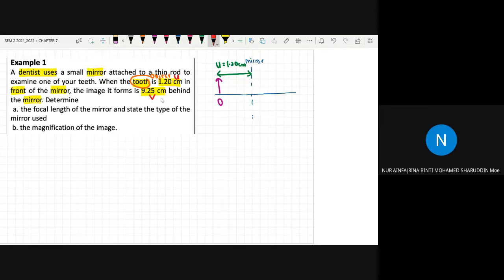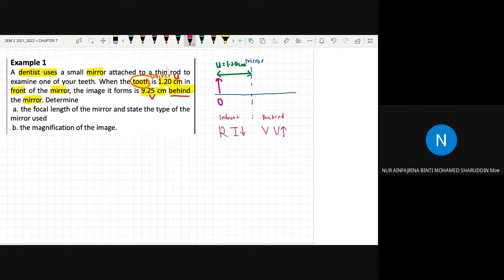So dia dah cakap dah behind mirror. Okay, ni keyword sini mesti highlight pula. So kita tahu ini in front, ini behind. So kita pakai teknik ni: real, inverted, virtual, upright. So Miss nak tanya, image yang korang dapat behind mirror adalah apa?